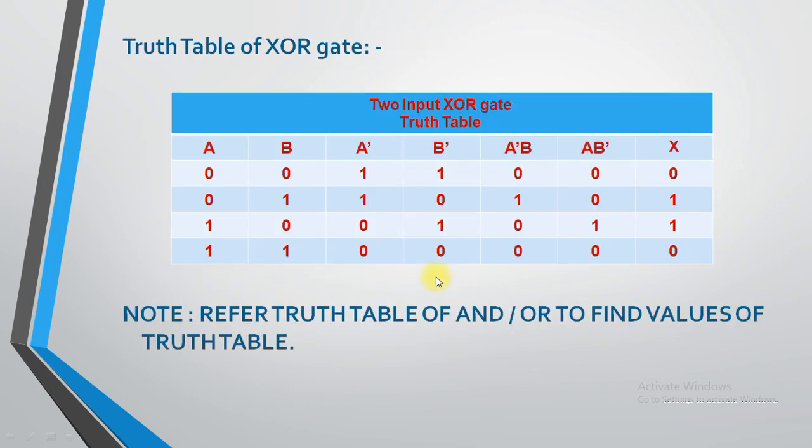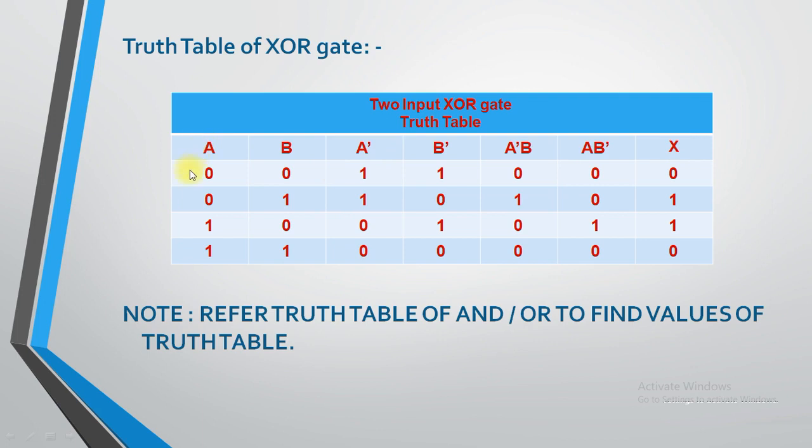So for that, this is the representation of the truth table of the XOR gate. See, the formula A dash B plus AB dash is the requirement of the Boolean expression. So for that, first of all, I need to find out A dash, then I need to find out B dash, then I need to find out A dash B, AB dash, and then at last I will get the value of X. Now see how I will get A dash over here.